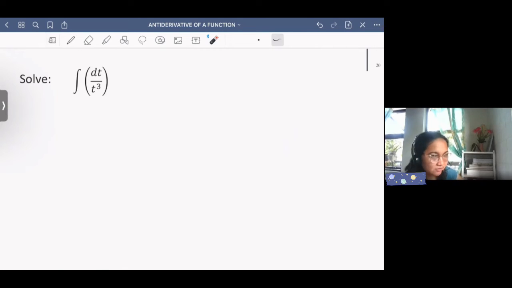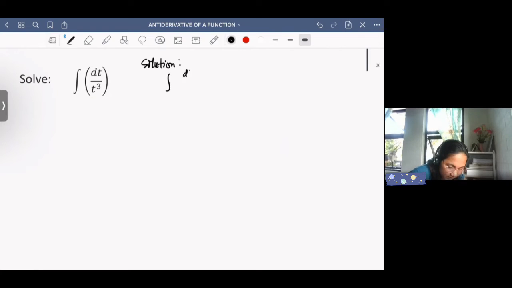We have the integral of dt over t cubed. So since we have dt, that means the variable of integration is t. Okay? We're not using x for this particular example. So for our solution, let me write it here. We have the integral of dt over t cubed.